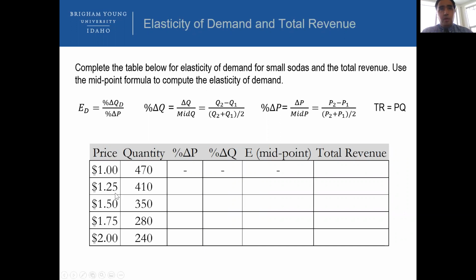So if you go from $1.25 to $1, that's the price, and then that's 410 to 470. So I'll go ahead and start computing each of these individually. Looking at the price, you go from $1.25 minus $1, that's a quarter, so 0.25 in the numerator. The denominator, you take the average of 1.25 plus 1 divided by 2.